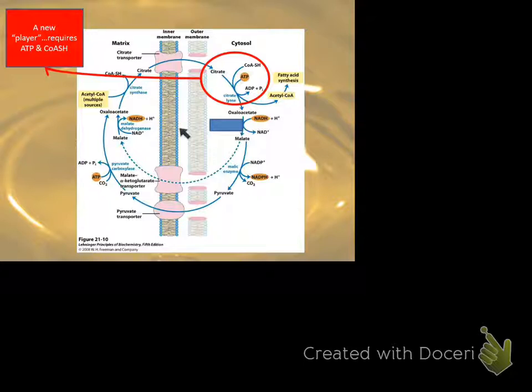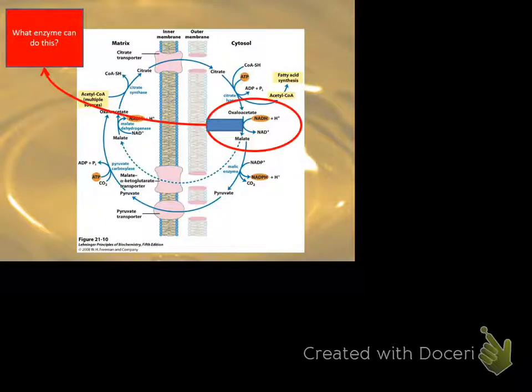So the byproduct for this is oxaloacetate. And oxaloacetate is going to use up an NADH to be transformed to malate. What enzyme does that? Malate dehydrogenase, technically the cytosolic versus the mitochondrial version. And then there are two possibilities for malate. One is what we've seen in the past.